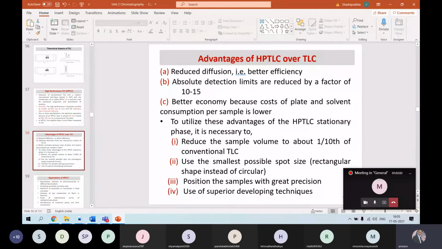No, it still cannot do it. But yes, it can tell you the number of components in a given sample, and at the same time, it can also give you the quantity, which is not possible with TLC. So these are the benefits which are derived when you move from TLC to HPTLC.